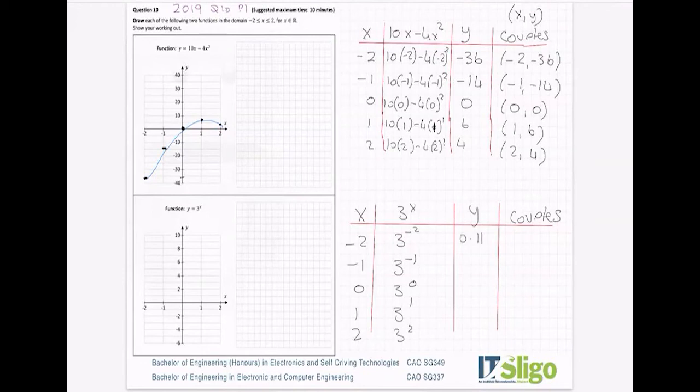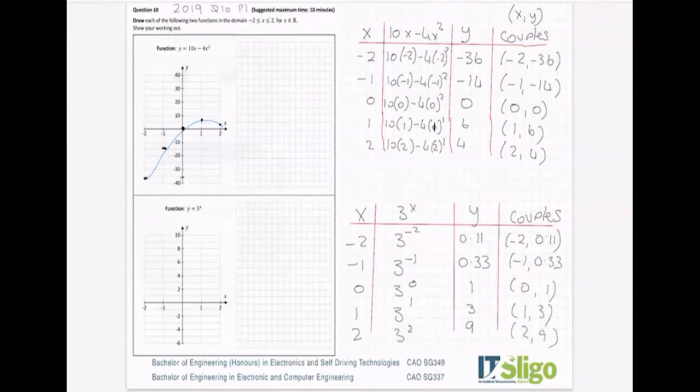I'm just going to take 2 places of decimals here, because to plot any more than 2 places is too hard. And in fact, to plot 1 decimal place is enough. So my couples: minus 2, 0.11; minus 1, 0.33; 0, 1; 1, 3; and 2, 9.